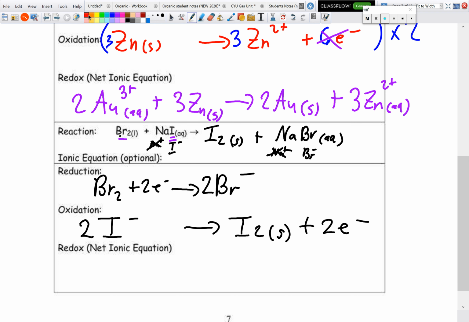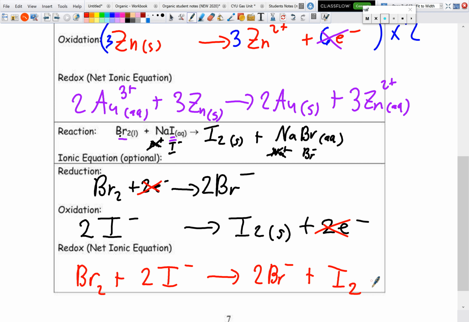We're fortunate we don't need to multiply anything because we have 2 electrons and 2 electrons, so they just cancel out, and our redox reaction is Br2 plus 2I minus, producing 2Br minus plus I2.